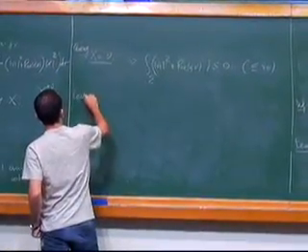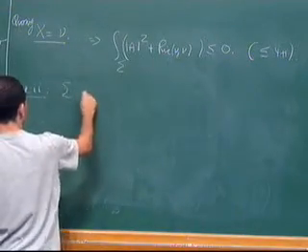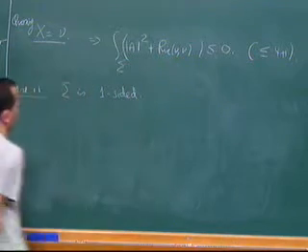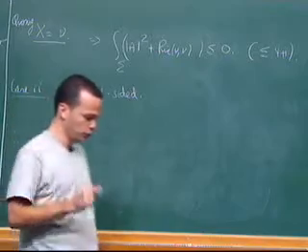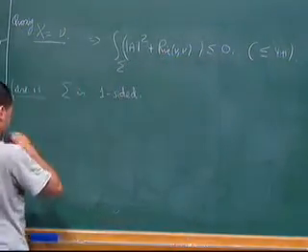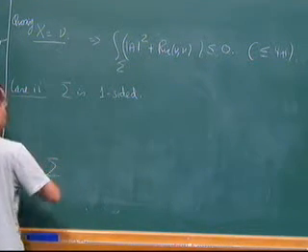So case 2, which is the most interesting, is when sigma is one-sided. In that case, there is no unit normal vector field, but what you can do is lift sigma to a sphere. Let me just draw a diagram.